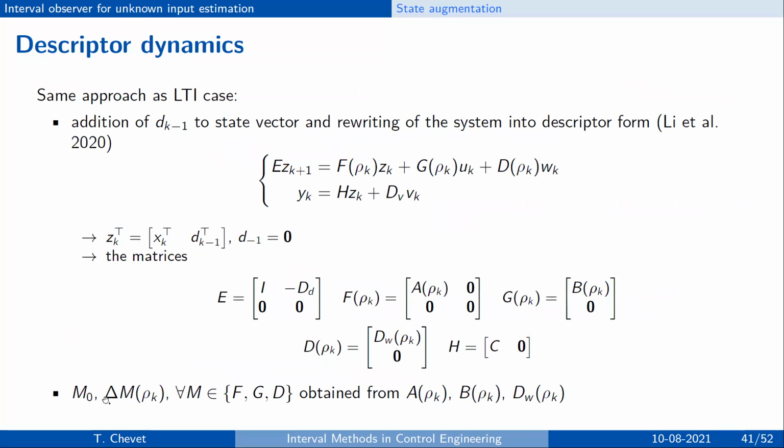For the estimation strategy, we consider exactly the same thing as with the zonotopic observer, but here we have parameter varying matrices instead of time invariant matrices. They can again be split into a fixed part and a parameter varying part by using the same decomposition for A, B, and DW.